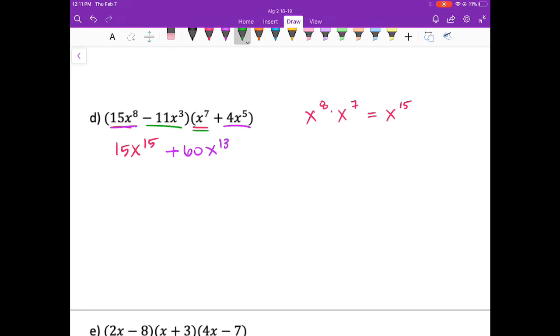And then negative 11x cubed times x to the 7th, minus 11x to the 10th, adding those exponents. And lastly, negative 11x cubed times positive 4x to the 5th. I say minus 44x to the 8th. I take one quick look at my degrees on x to make sure that they're in standard form, and sure enough, they go in decreasing order. X to the 15th, x to the 13th, x to the 10th, x to the 8th.